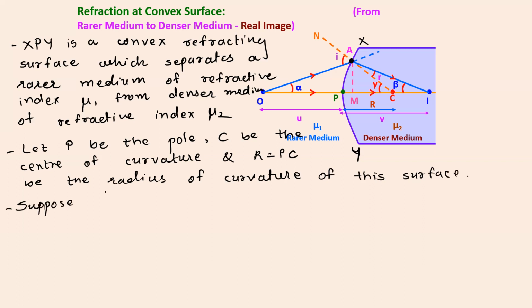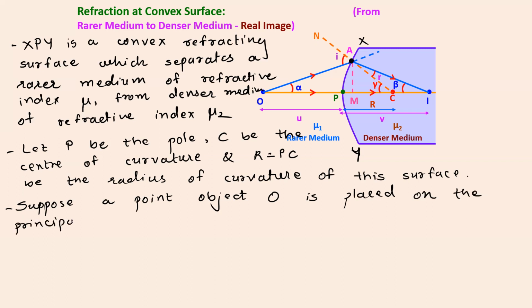Suppose a point object O is placed on the principal axis in the rarer medium. We have kept point O placed in the rarer medium.